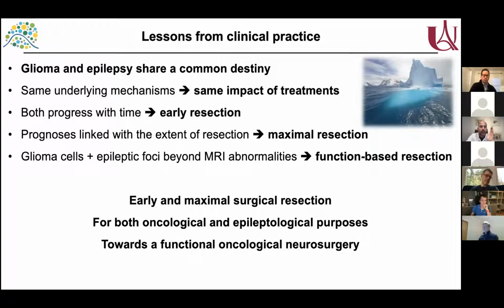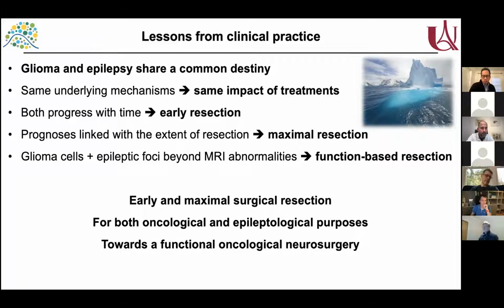Because glioma and seizure share common underlying mechanisms, it explains the impact of treatments on both seizures and glioma. Second, glioma and seizure both progress with time, which asks for an early treatment. Then both oncological and epileptological prognosis are linked to the extent of resection, which asks for a maximal resection.